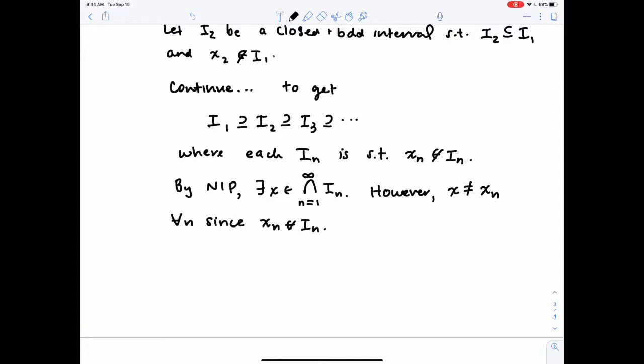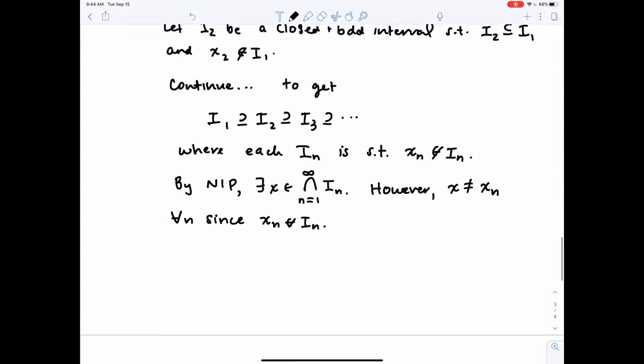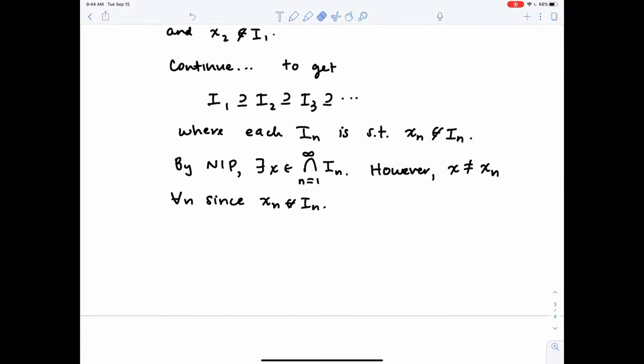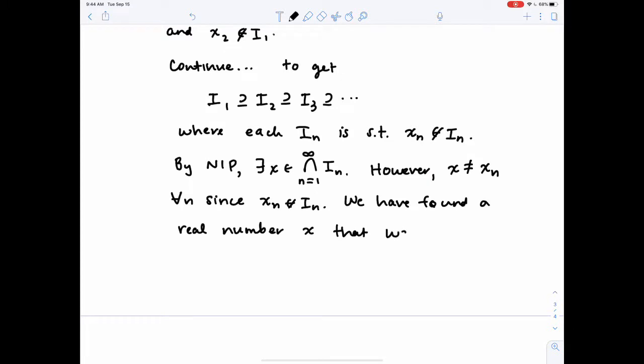And you can play that game for any value of n. So this means we have found a real number x that wasn't on our list.